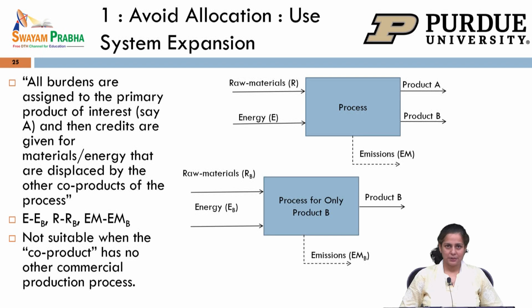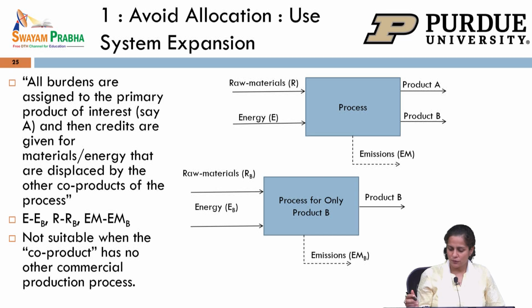If we had a separate process, let us say there was another manufacturing process that was only making product B, then what the process is doing is it is displacing the amount of product B that is being made in some other process. So, because of the production of product A, we are also making some amount of product B and we are displacing the requirement of raw materials RB and EB in the manufacturing process.